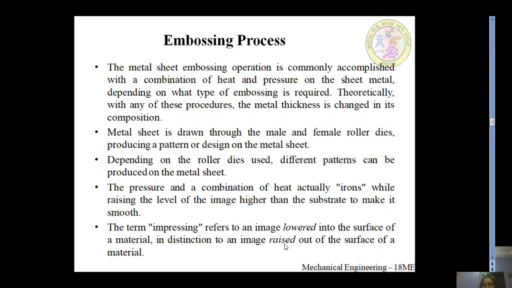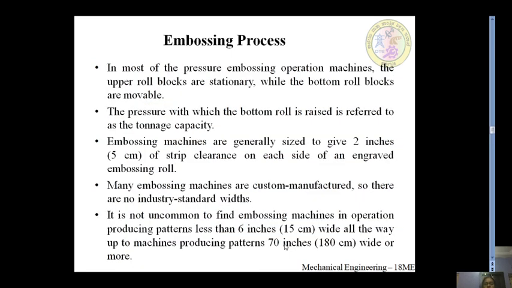Depending on the roller dies used, different patterns can be produced. The pressure and heat raise the level of the image higher than the substrate to make it smooth. Impressing refers to an image lowered into the surface of a material, in distinction to an image raised out of the surface of a material.